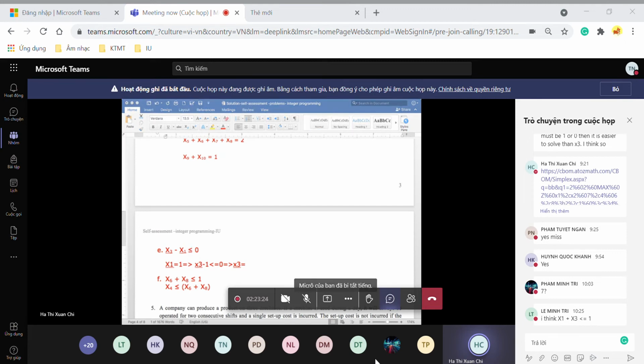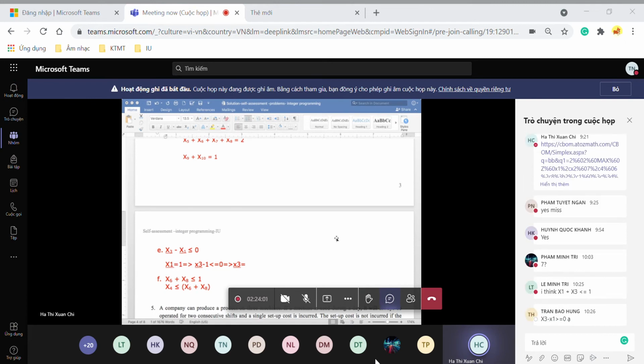Look at the slide. If yes, we will have x1 minus x3 greater than or equal to 0.